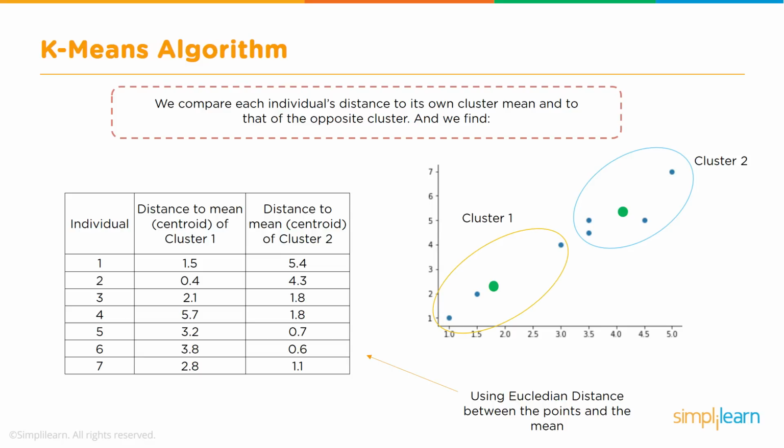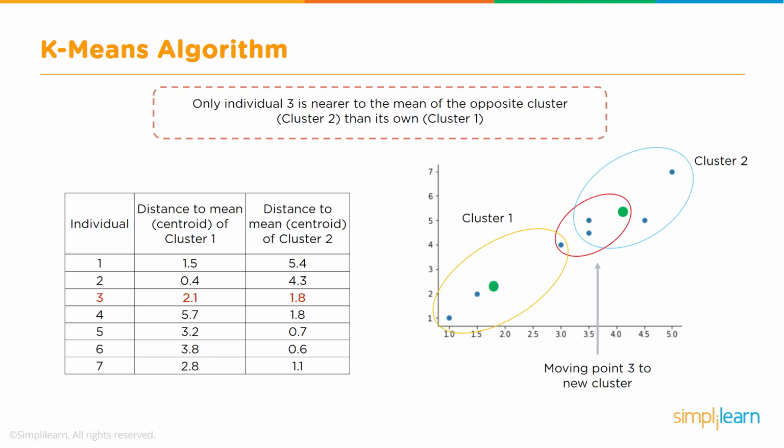We compare each individual's distance to its own cluster mean and to that of the opposite cluster, and we can build a nice chart on here. As we move that centroid around, we now have a different kind of clustering of groups, and using Euclidean distance between the points and the mean, we get the same formula. So we have our individual dots, distance to the mean centroid of the cluster, and distance to the mean centroid of the other cluster.